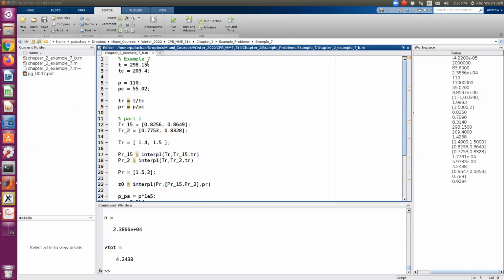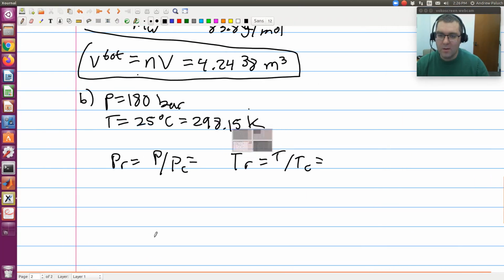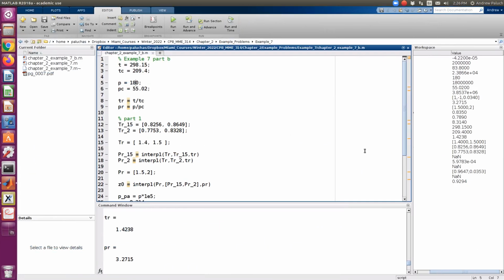So my pressure now, I'll call this part B, so it's going to be pretty similar. 180. I'm just going to look through the reduced temperature part. So my reduced temperature is the same, 1.4238, and my reduced pressure is 3.2715.